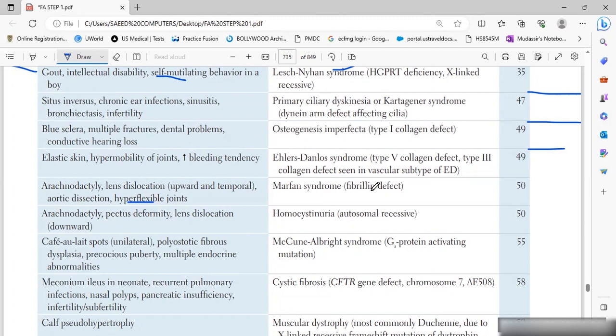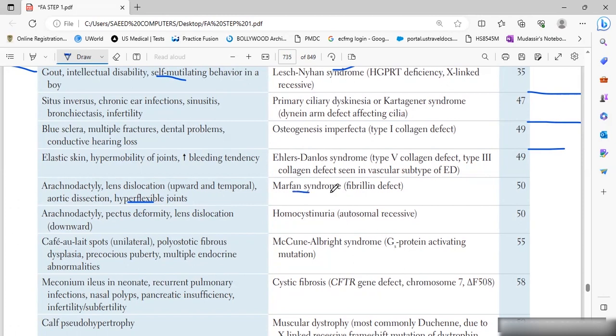You will have chest defects, like a chest dipped downward or the pigeon-type chest. You will have large height and a higher arm-to-lower-limb ratio. Height will be more than 6 feet. So that is Marfan syndrome.